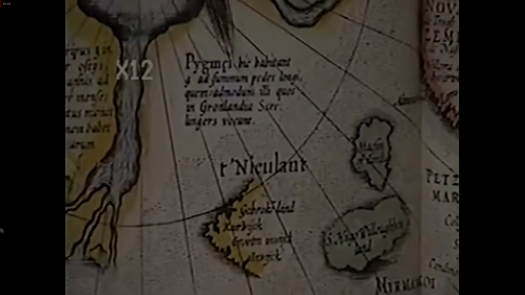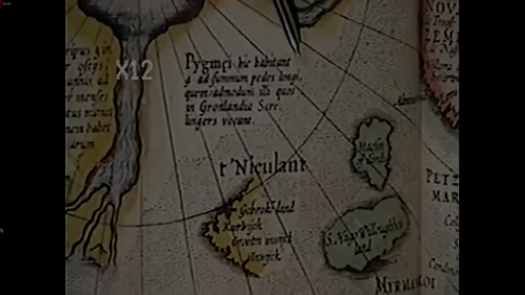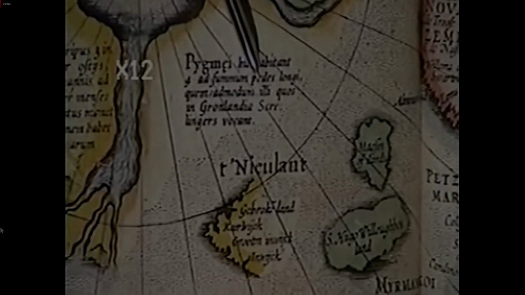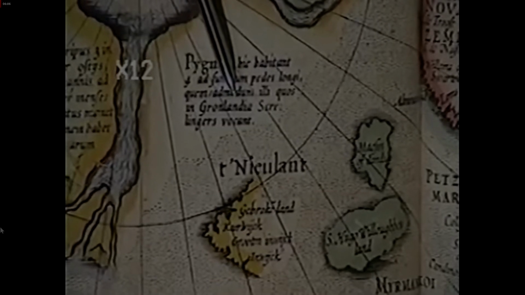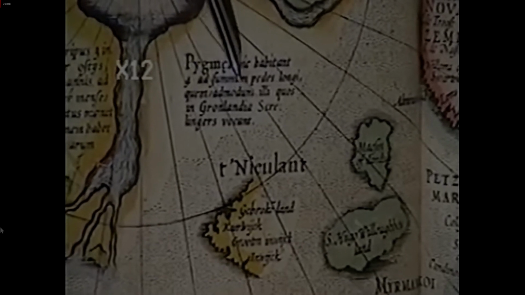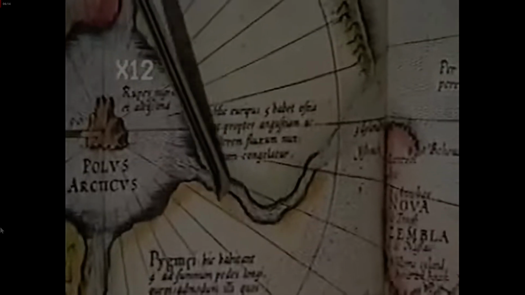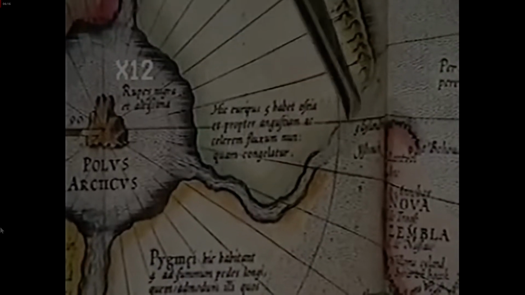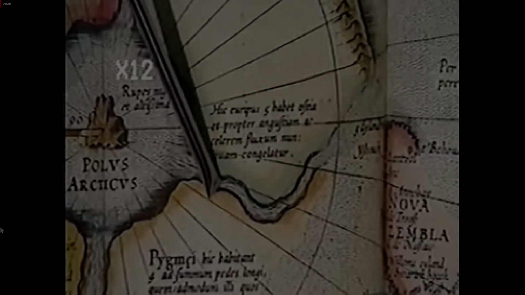Over here, on this island, it describes that here live small people or pygmies about 4 foot tall, which are called Skrælingers in Greenland. Now over here, it describes that this particular river, its flow is so great northwards that it never freezes during the year.